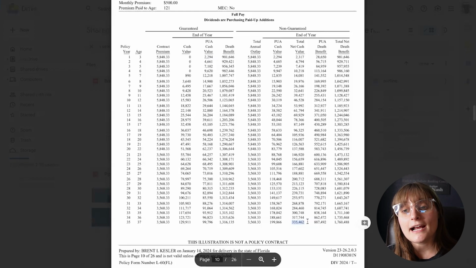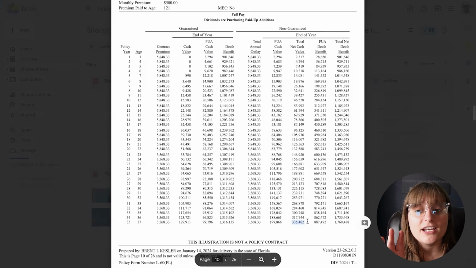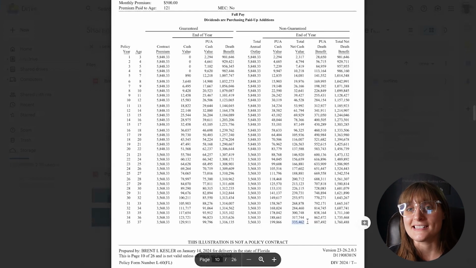So that's why I like to look at the non-guaranteed side, especially when we get into the later years of the policy, because I know in real life, this is how that illustration is going to be performing. And matter of fact, this illustration isn't even going to be performing like illustrated right here, because we're just looking at this policy as if we stick this sucker in a drawer, we keep paying premiums, and we don't touch it.